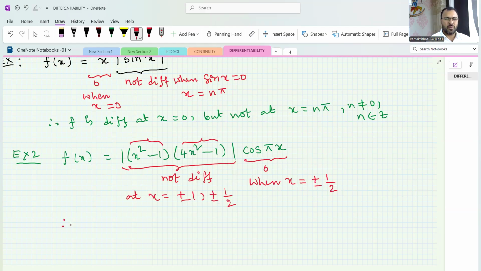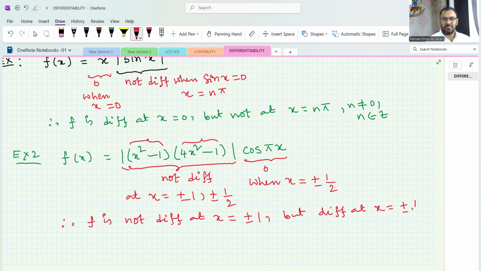Therefore, f is not differentiable at x equal to plus or minus 1, but differentiable at x equal to plus or minus half. We got it.